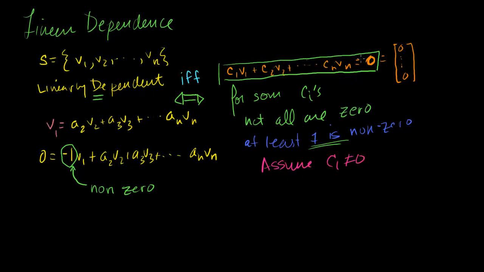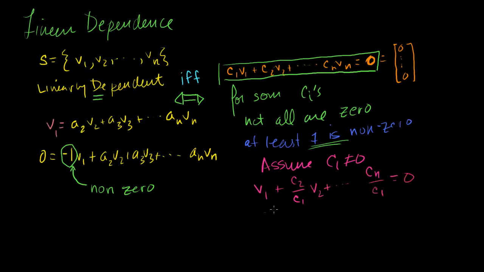If c1 is not equal to 0, then I can just divide both sides of this equation by c1. And what do I get? I get v1 plus c2 over c1 v2 plus all the way up to cn over c1 vn is equal to 0.